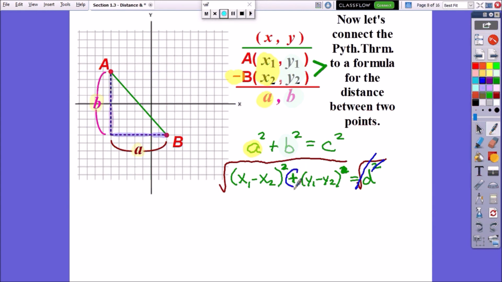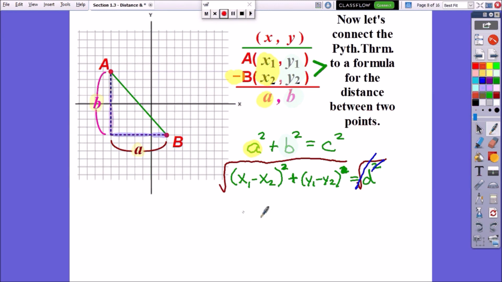And it's all because of the adding of 2 squared values. The square root can only knock out a square if there's no adding or subtracting going on underneath that square root. Now, if there's subtracting going on within a set of parentheses, then that's okay. But this adding between these 2 squared quantities is not okay.